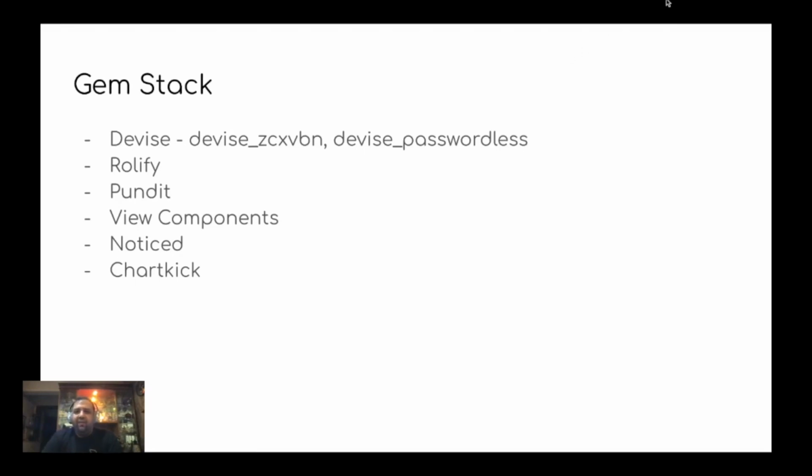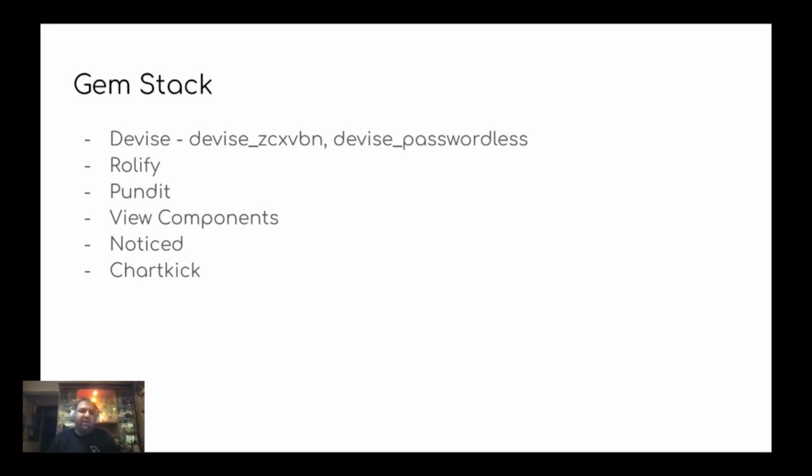I think some of these things definitely helped on the speed side of things, because the community is really good around some of these gems. These gems are pretty standard across the board, and they are very feature rich as well. If you wanted, say, full-blown authentication and authorization, you can just have Devise and Pundit and then configure it.